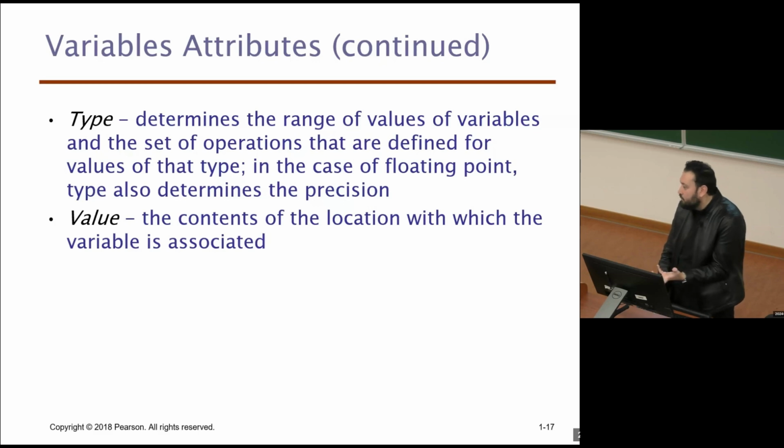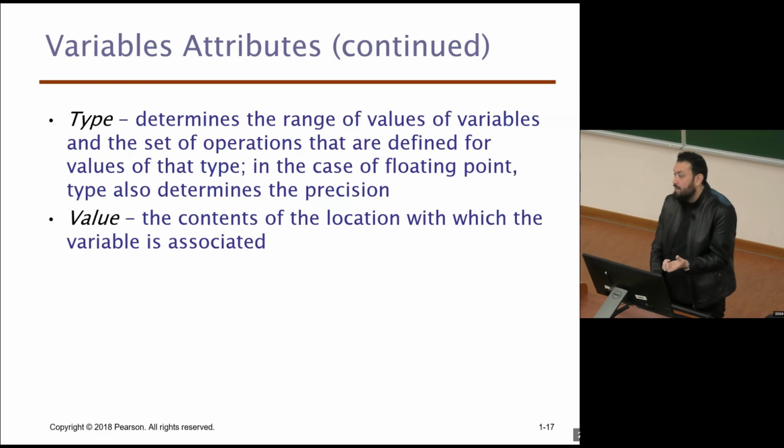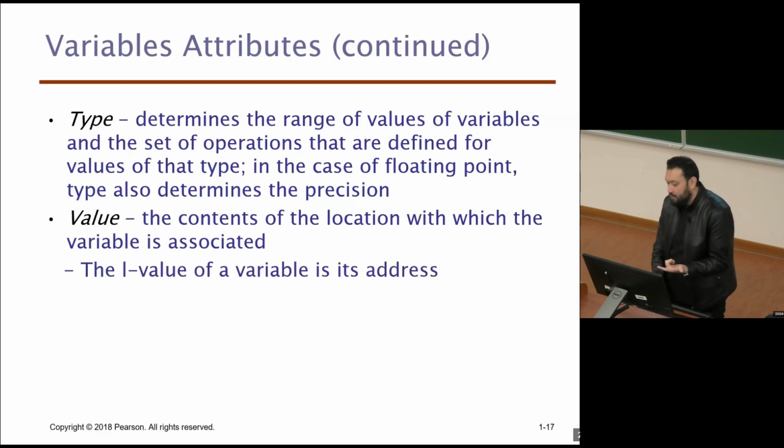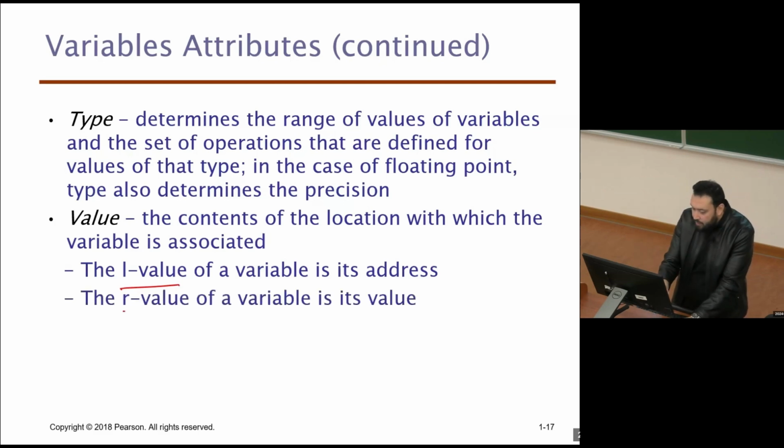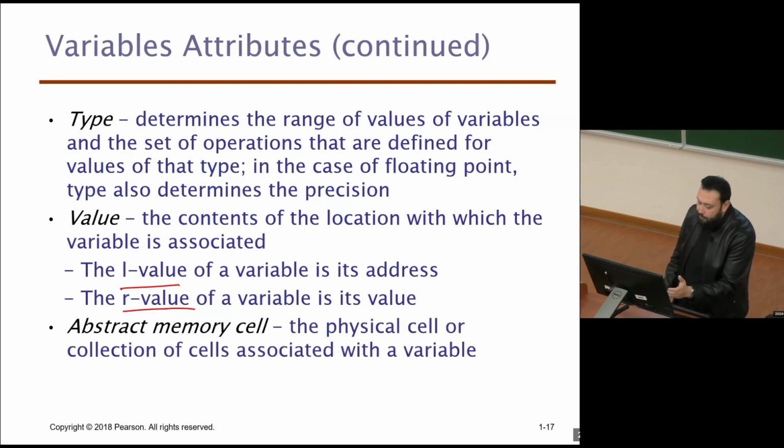The actual value, let's say I'm saying int x equal 15, so 15, and then also the address of this. So we represent them by the L-value that represents the address and the R-value that represents the actual value. And then we have the abstract memory cell. This is not the address, this is the actual cell that we're going to destroy.